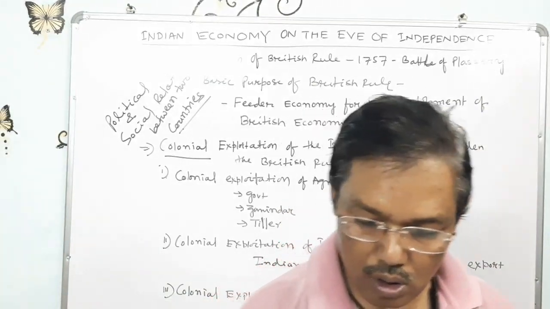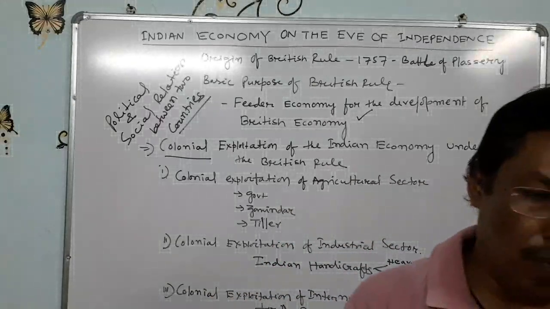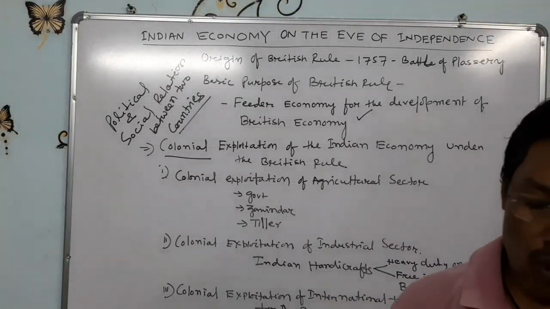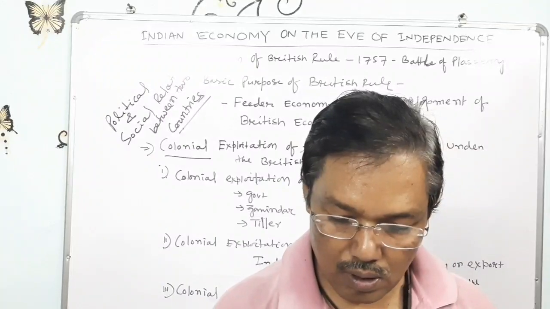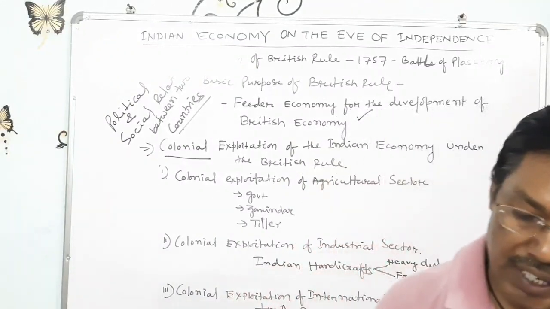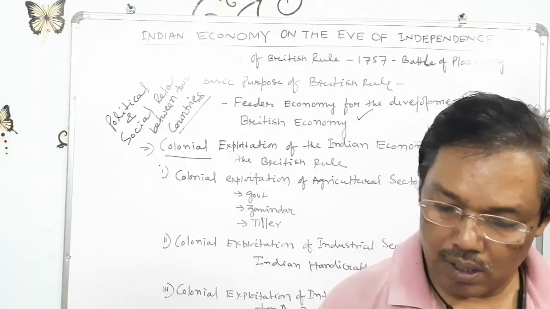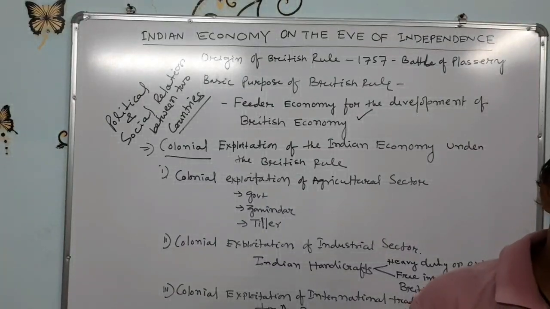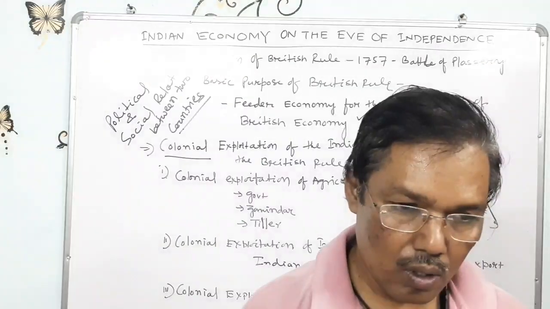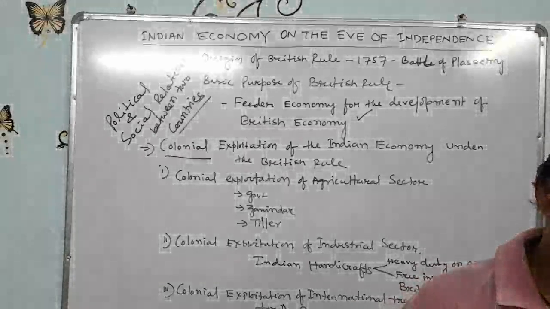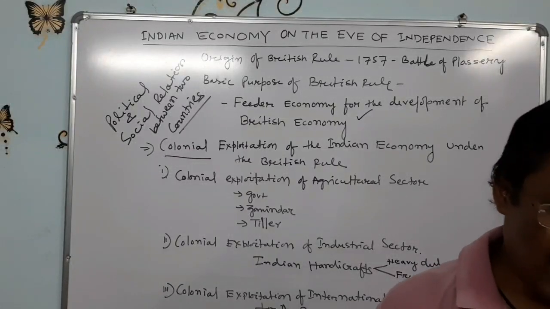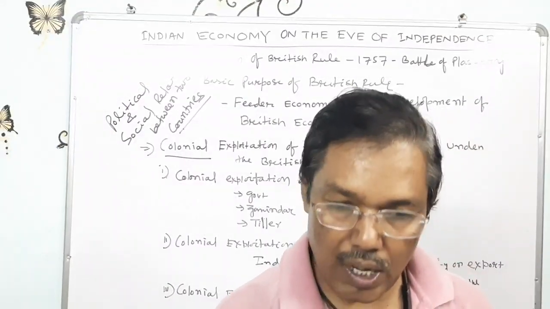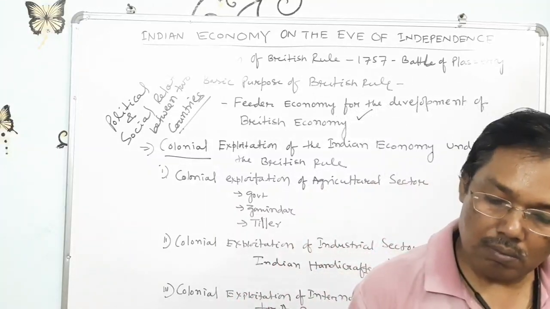They wanted to develop their economy by taking our resources to their own country. So when they exploited our country, what was the freedom or the standard of living of the people? What was the basic independence of our Indian standard of living? That was exploited by them.